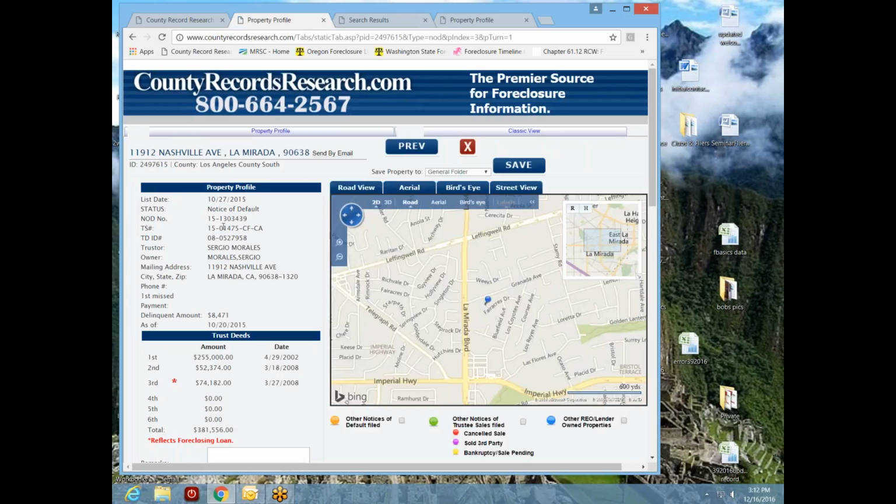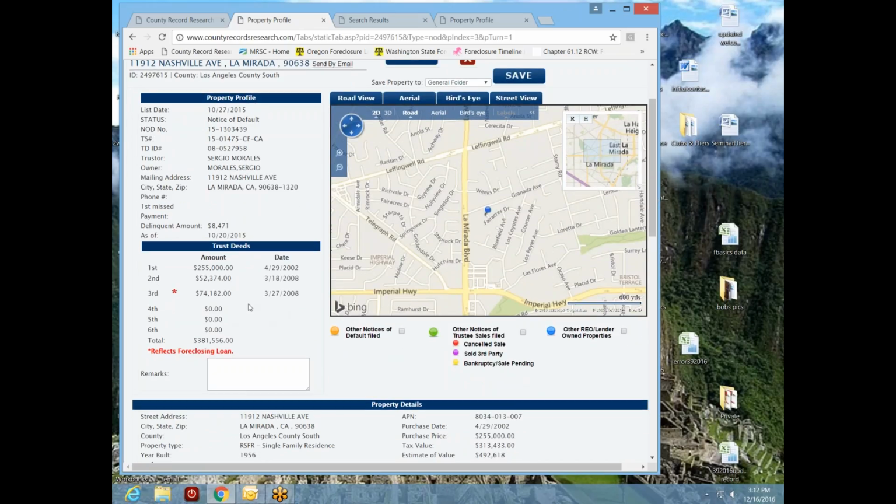Now, this is different information here. Notice that I see that original first that we saw from 02 of 255, but I also see a couple of loans here that are evidently from 2008, one for $52,000 and one for $74,000.